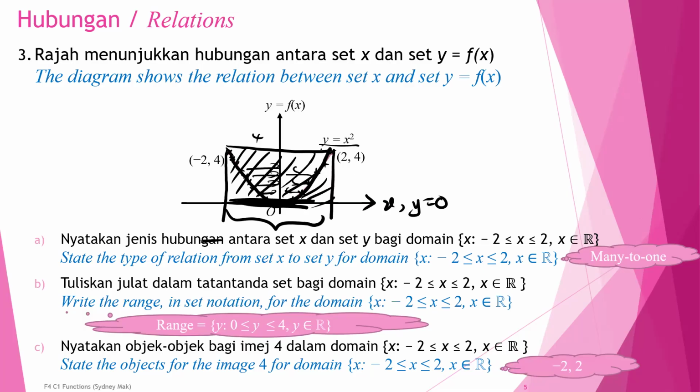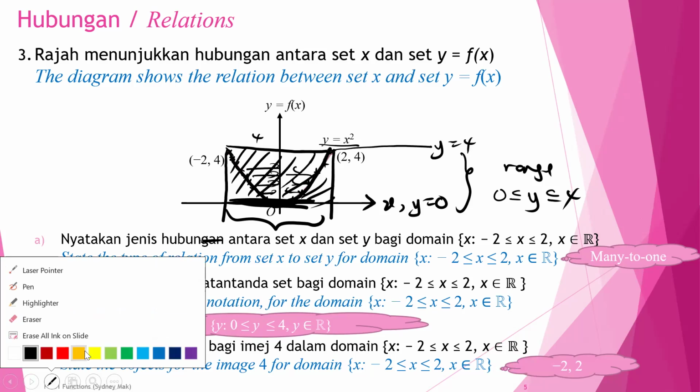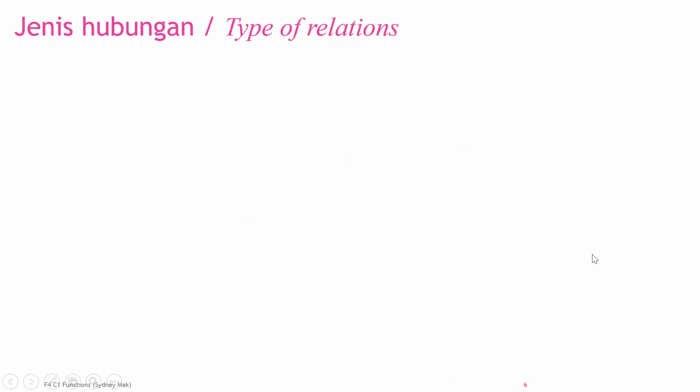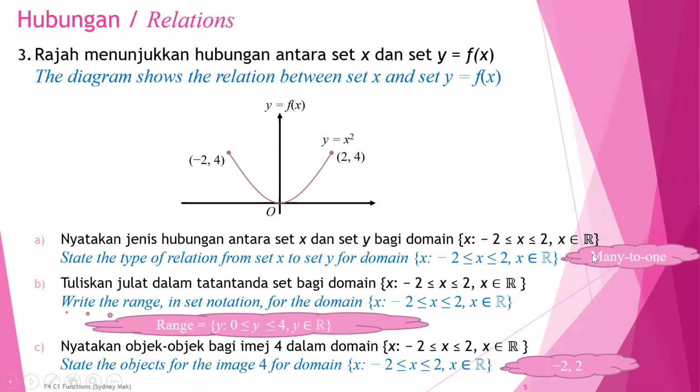So our y ranges from y equals 0 to y equals 4. This will be your range. Okay, so understand the graph now? Did you copy this? The previous one, did you copy?